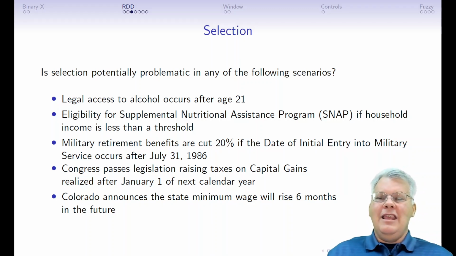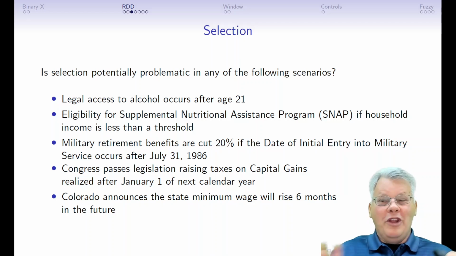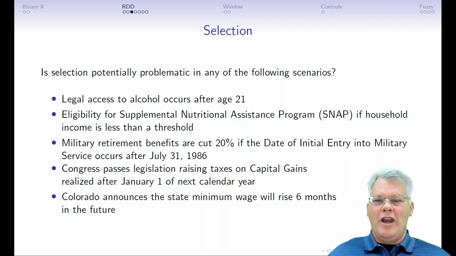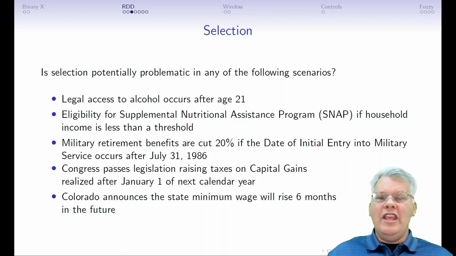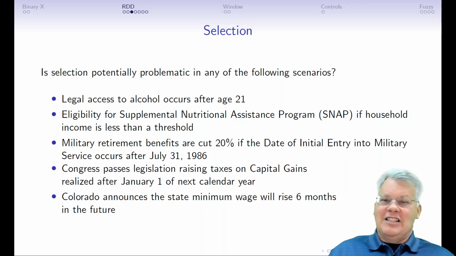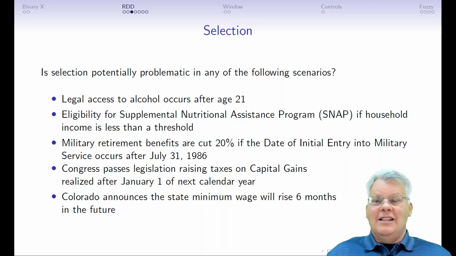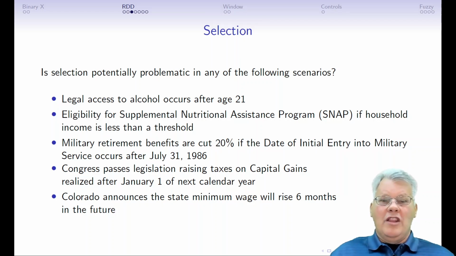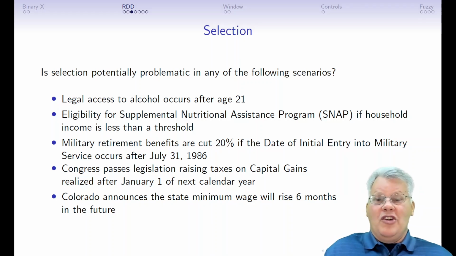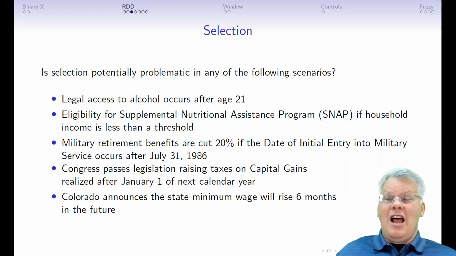But it is possible, if we really want to spin a wild and crazy story, if in June or early July 1986, someone went to their Air Force recruiter and said, you know, I'm thinking about joining the military, and the recruiter told them, look, if you sign the dotted line before July 31st, your retirement benefits, if you decide to become a career military officer, are going to be 20% higher.